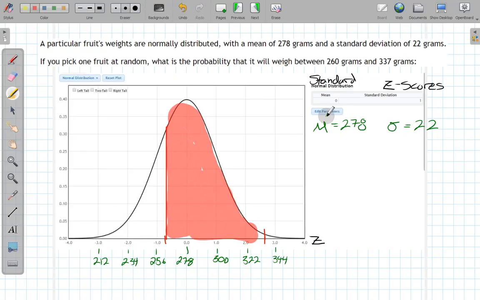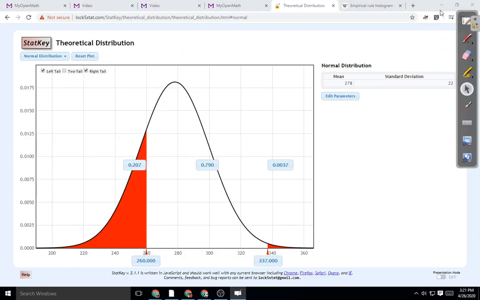Yes, 337. So StatKey says there's just a tiny bit of fruit above that, less than 1% of fruit would be above 337. And in between these two fruit weights, we would expect 80%. I was close. I was saying 75. This says 79. Not too bad.